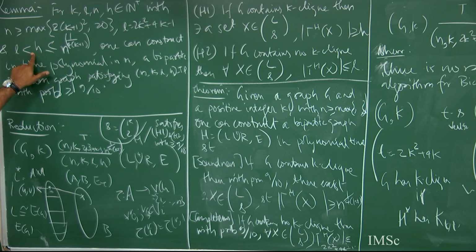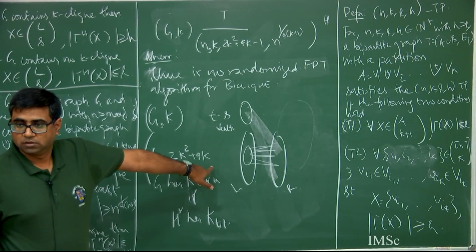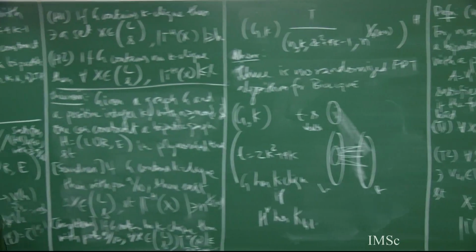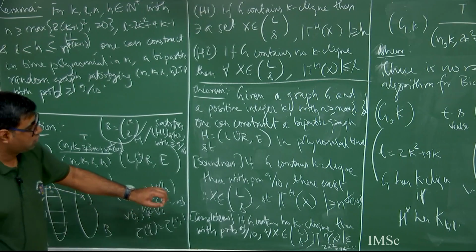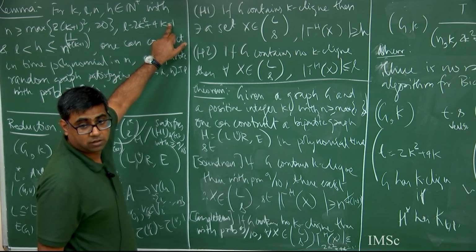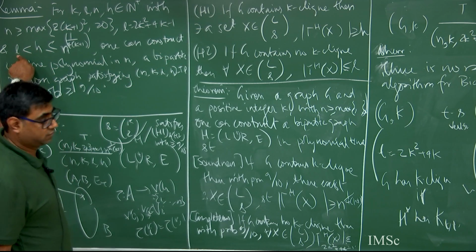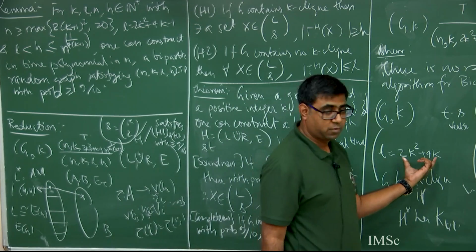So at least it has 2k square plus 4k neighbors. I set L equal to 2k square plus 4k minus 1, right? Now what is high? It is at least one integer larger than this, and this is exactly what I said, 2k square plus 4k.